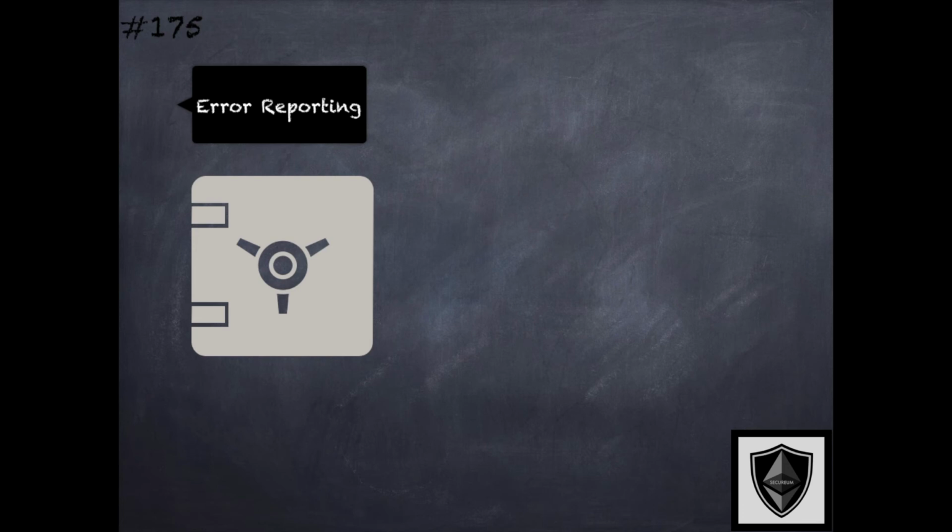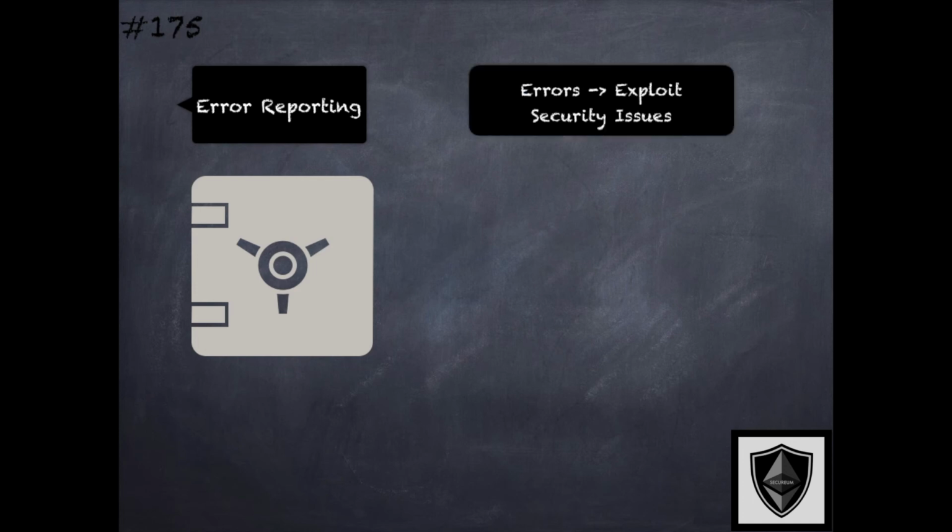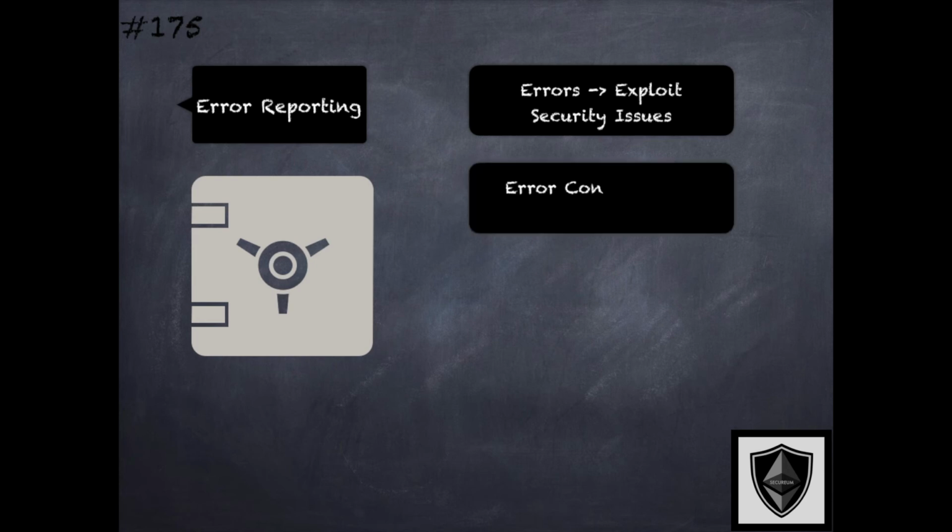We discussed error reporting briefly under auditing and logging, but let's revisit it here. Incorrect or insufficient detecting, reporting, and handling of error conditions will cause exceptional behavior to go unnoticed, which may lead to security issues.